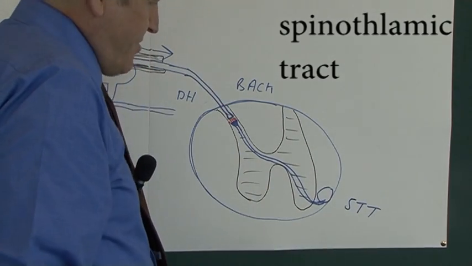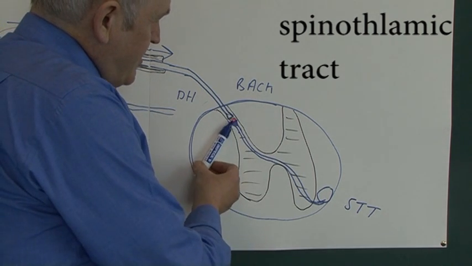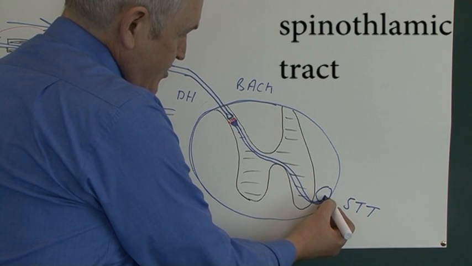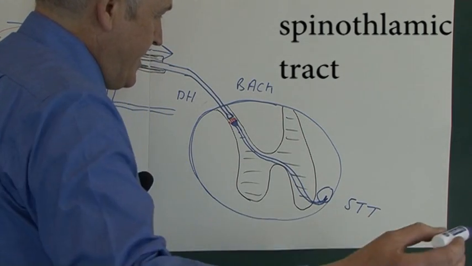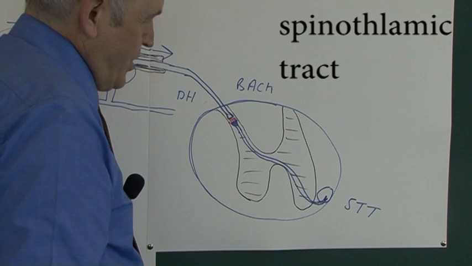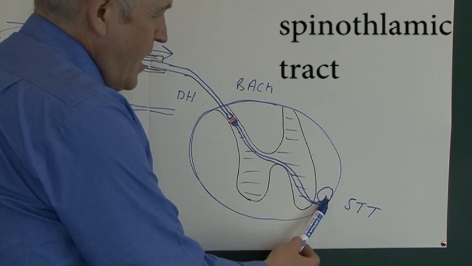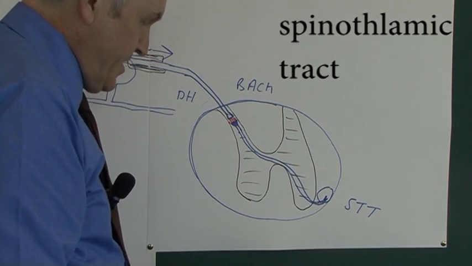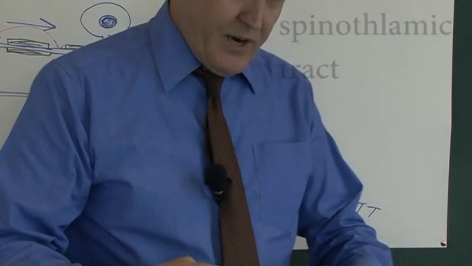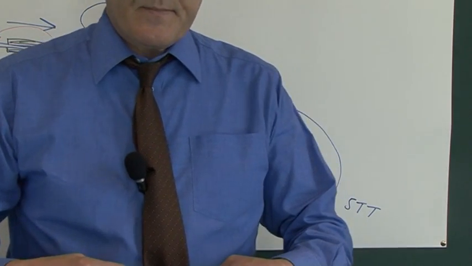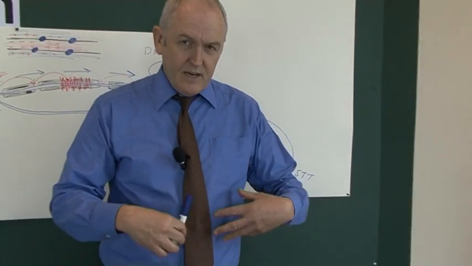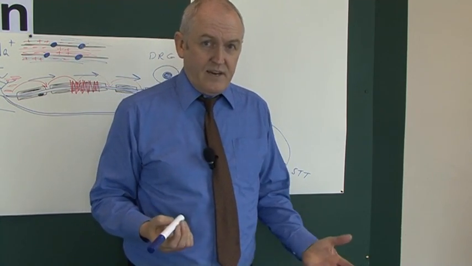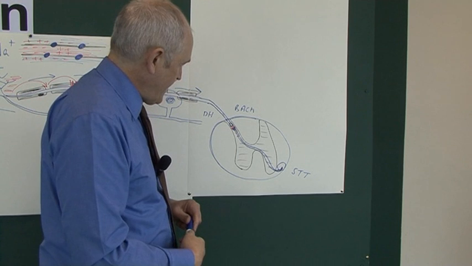This secondary neuron has gone across and entered this spinothalamic tract, running up and down the spinal cord, because of course what it's got to do is go up. If it's coming at a level of the spinal cord about here, to get to the brain, it's got to go up the spinal cord. It's obvious when you think about it.